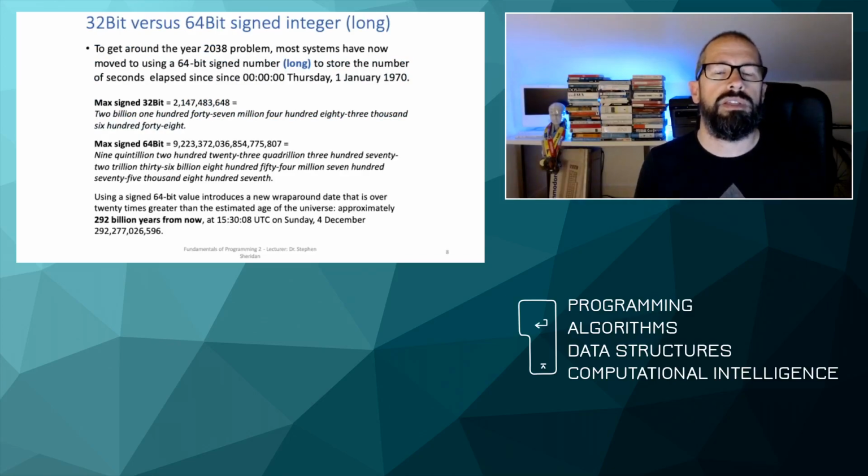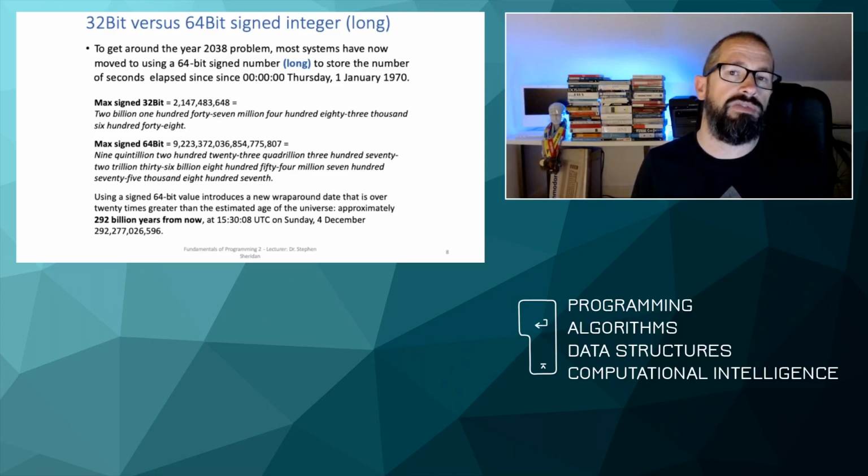Well, most modern systems now represent the current time not as a 32-bit signed integer number. They represent it as a 64-bit signed integer number. So we have doubled the capacity, if you like, in terms of the number of bits that we can use to represent the number. Now, even in a 64-bit number, that first bit, that most significant bit, is used to store the sign.